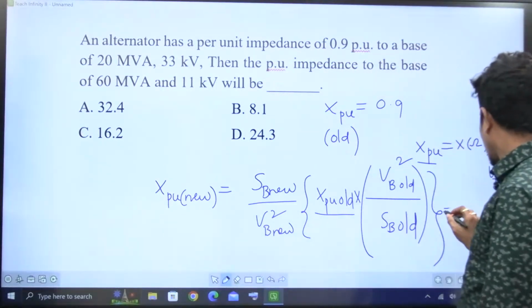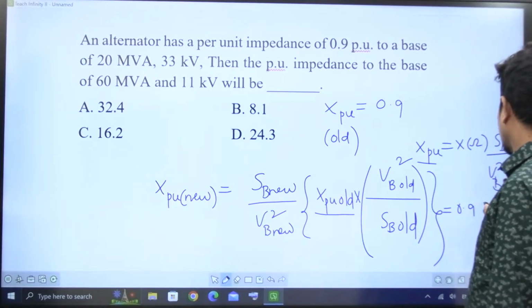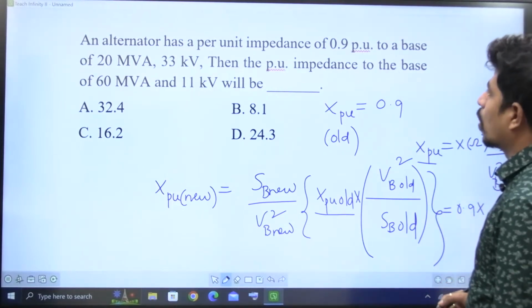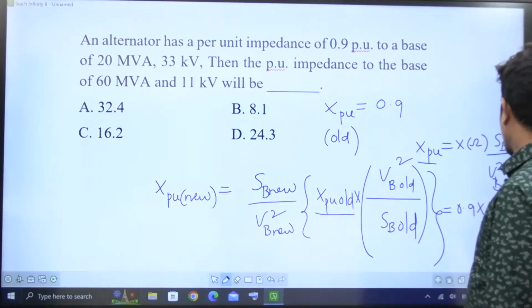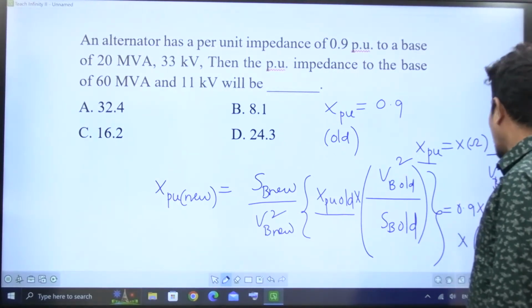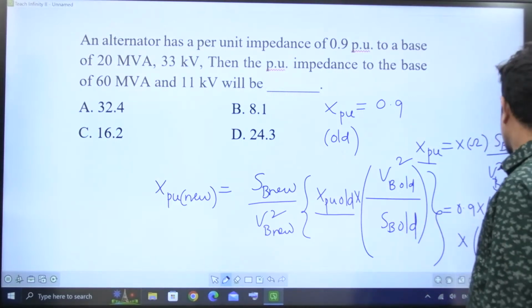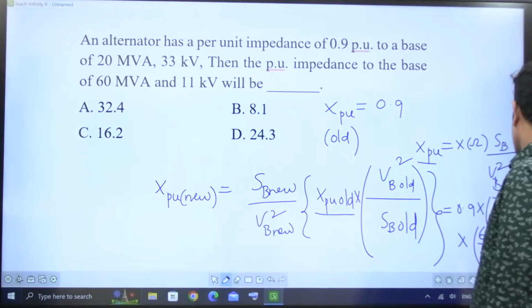If I do that, I'm going to get X per unit old, 0.9, into V base old, how much? 33 by 11 whole square, into S base new, 60 divided by 20.